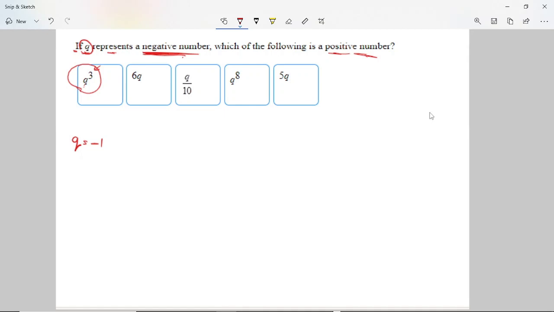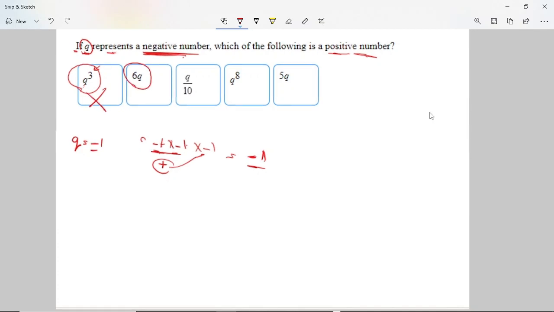For example, now we said that Q equals minus 1. So Q to the power of 3 means minus 1 multiplied 3 times. So negative multiplied by negative is positive. Positive multiplied by negative will be negative, and 1 multiplied by 1 is 1. So this is not the right answer.